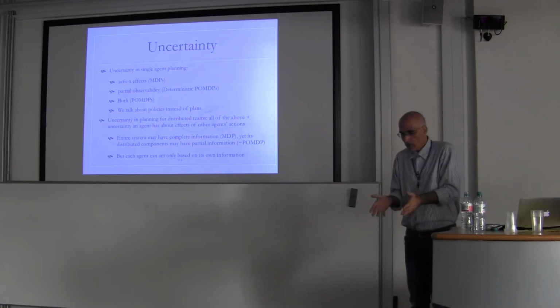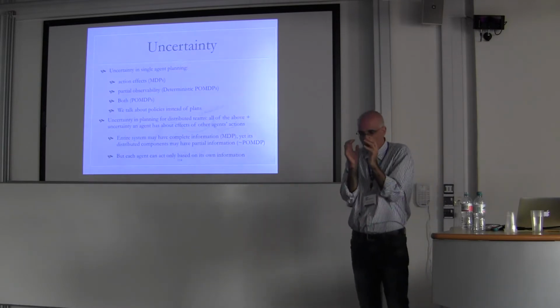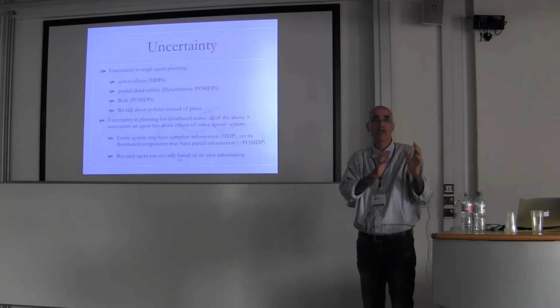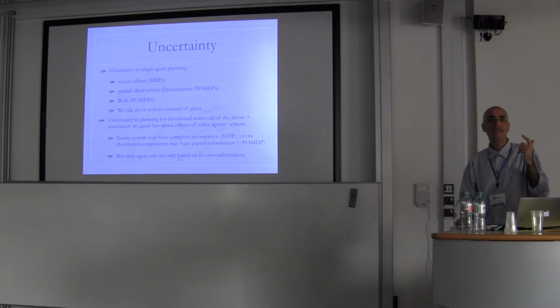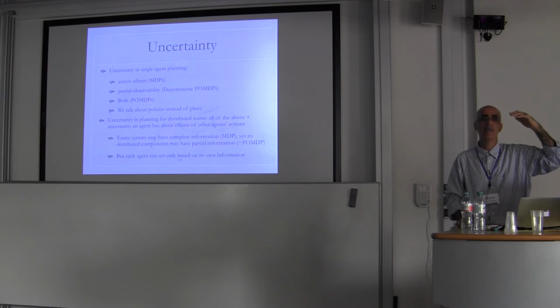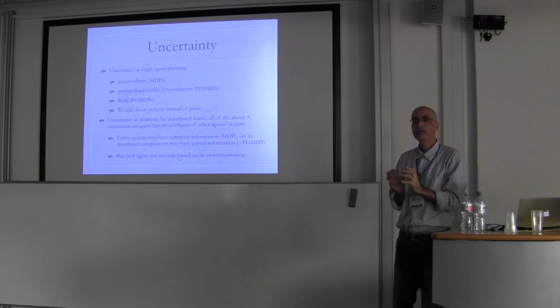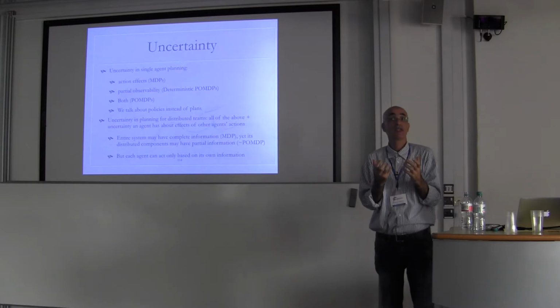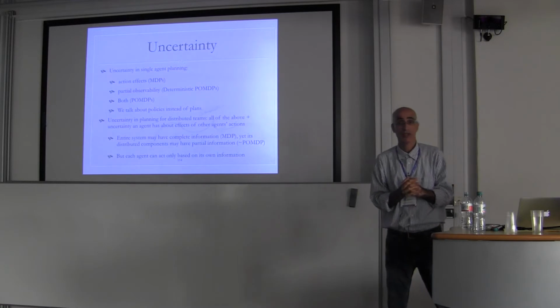But during the run, when you are actually executing the plan, each agent only has some piece of information. Even if the entire system has complete information, from the perspective of the big system we're in an MDP, but from the perspective of the small agent, the component, we're in a situation similar to a POMDP, because it only has part of the information about the state.